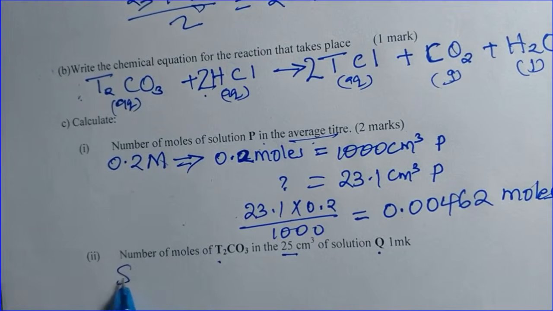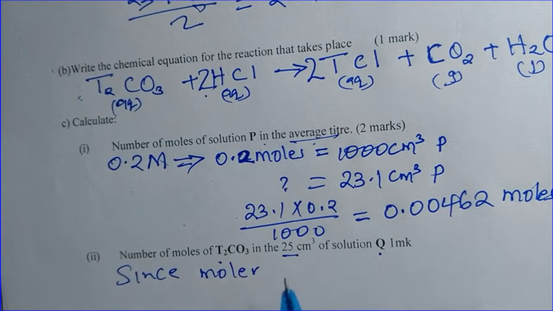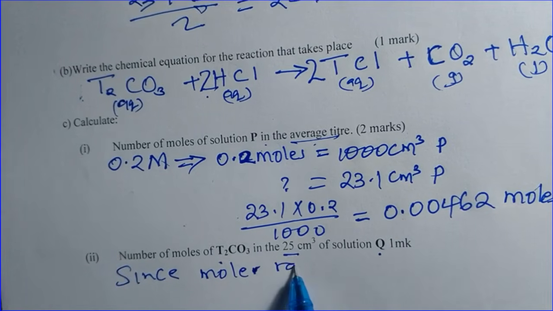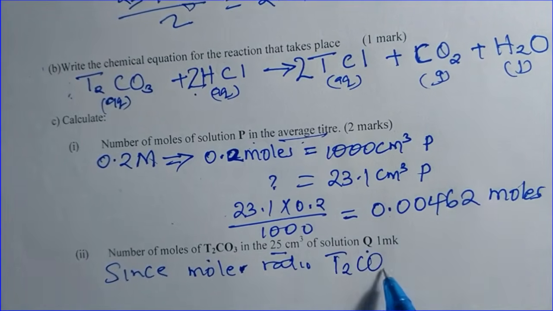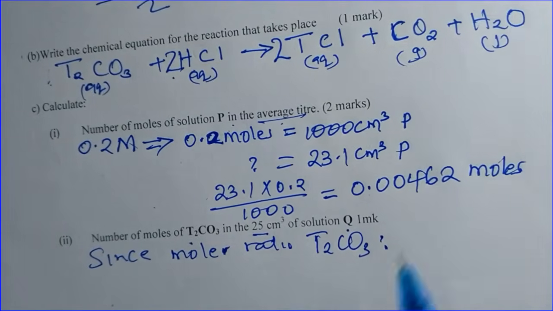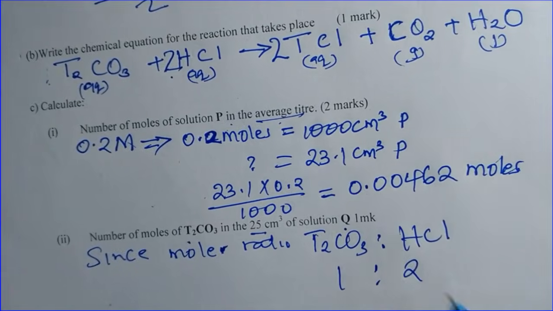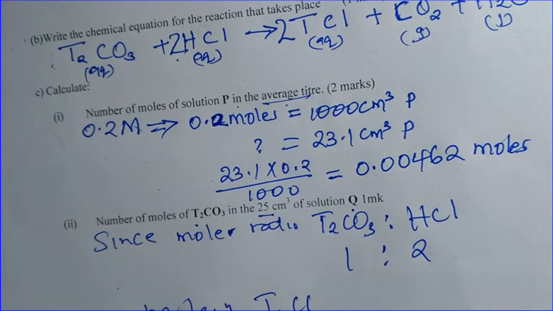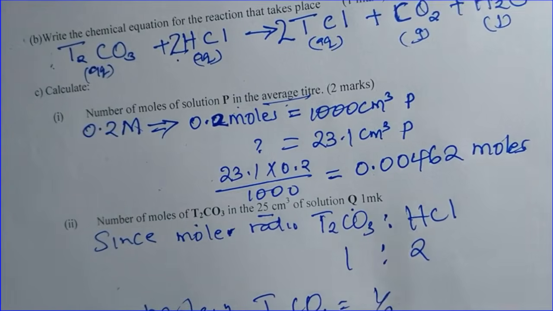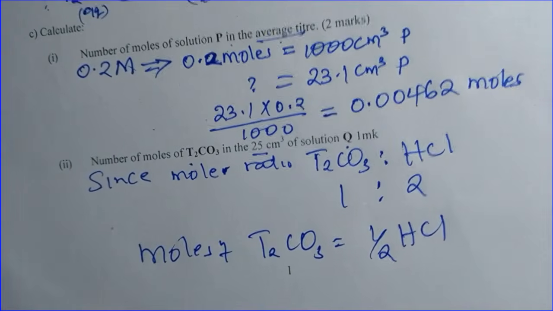So we say since the mole ratio of T2 carbonate to HCl solution P is 1 to 2, then the moles of T2 carbonate is actually a half of that of HCl. Is a half the moles of HCl.